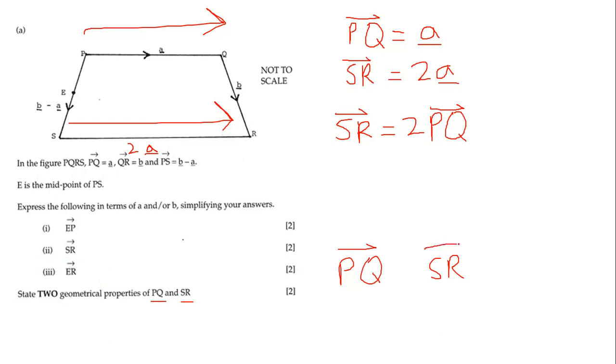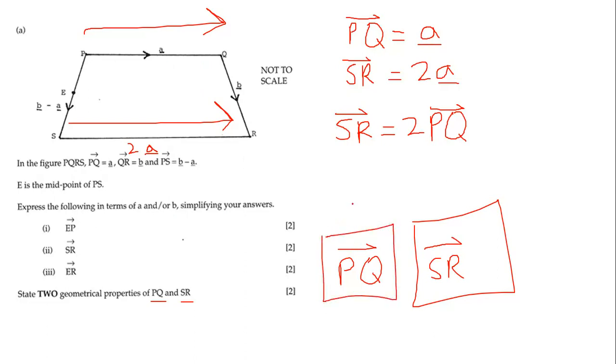Okay, so let's get this straight. What am I saying? PQ just refers to the line PQ. Notice there's no bar on top of this. SR is just referring to the line SR. And so we cannot talk about the direction of SR because that's just a line segment. But we can talk about the direction of the vector SR. How about PQ? The same thing. We can't talk about the direction of PQ, but we can talk about the direction of the vector PQ.